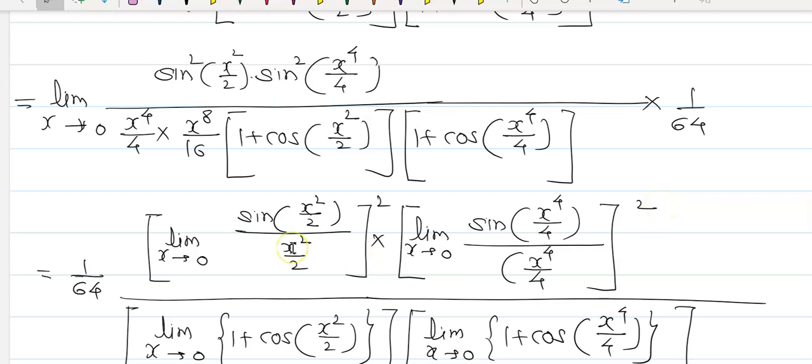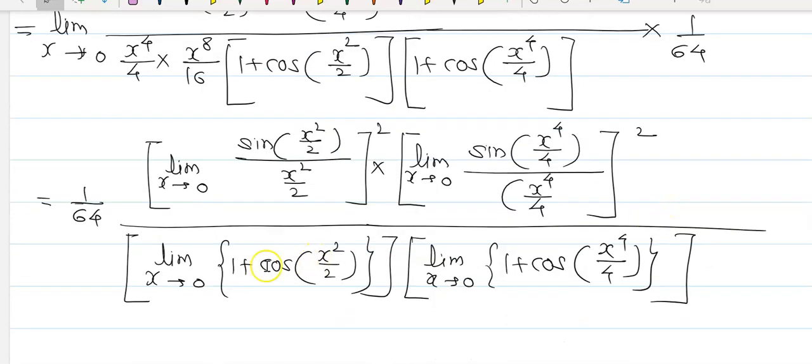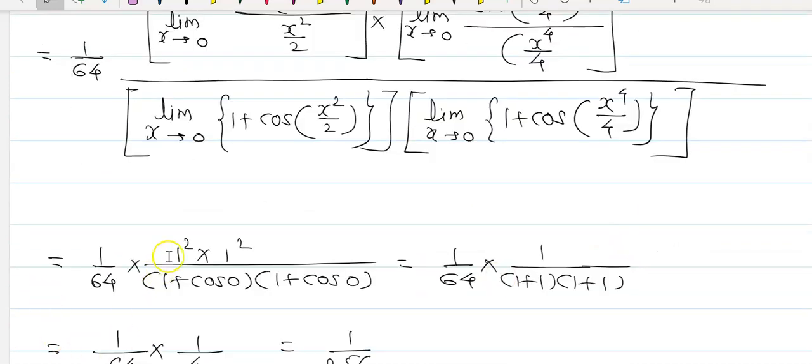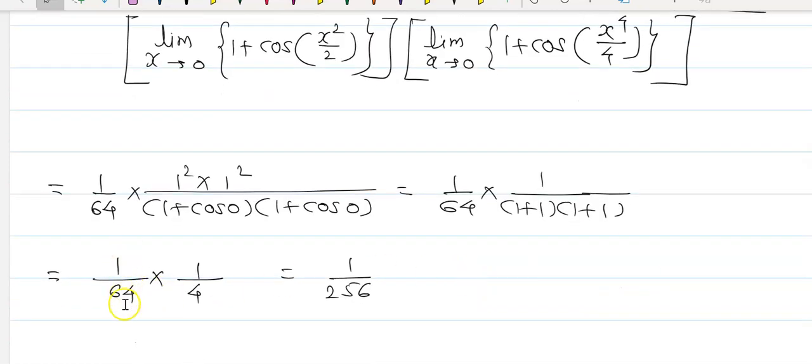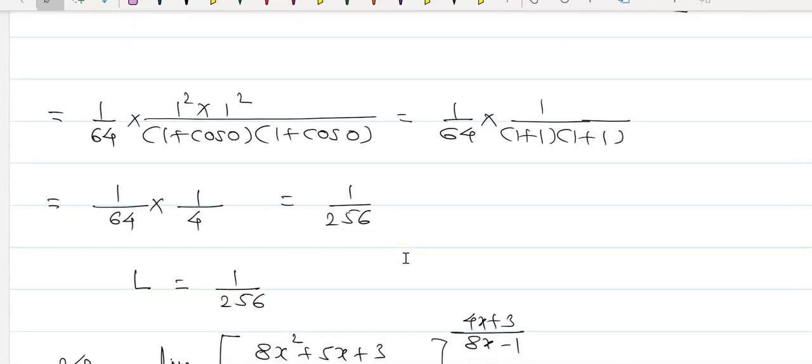Now the limit of this is 1 square, and the limit of this is 1 square. Therefore, 1 upon 64, 1 square into 1 square. Cos 0 is 1, so 1 upon 64 upon 1 in bracket 1 plus 1 into 1 plus 1. Overall, you will get 1 upon 64 into 1 upon 4, that is nothing but 1 upon 256, and hence the limit is 1 upon 256.